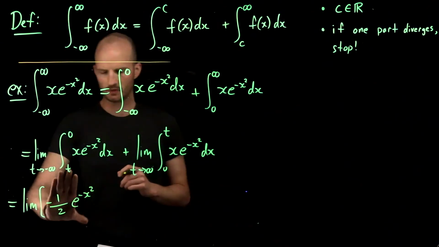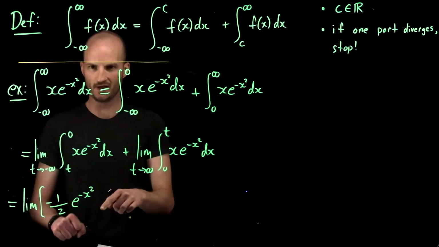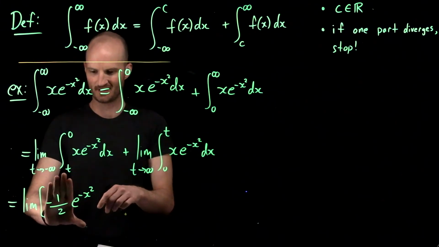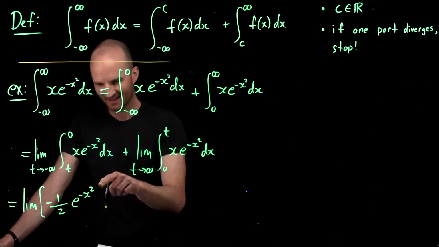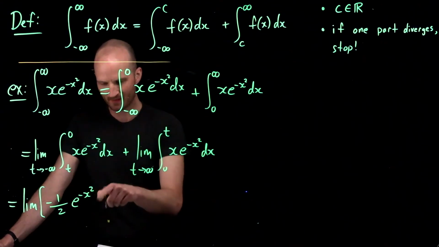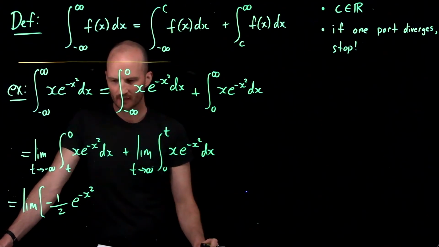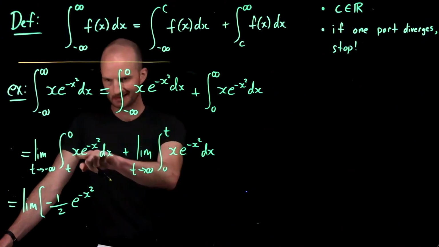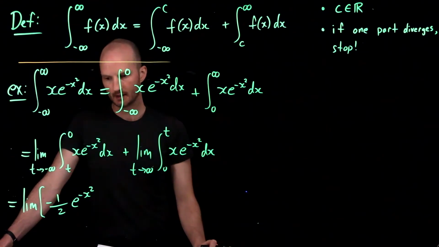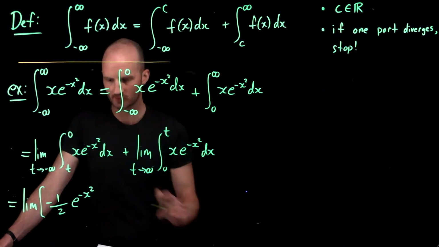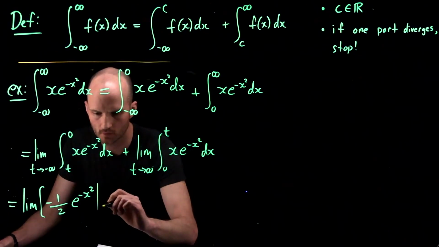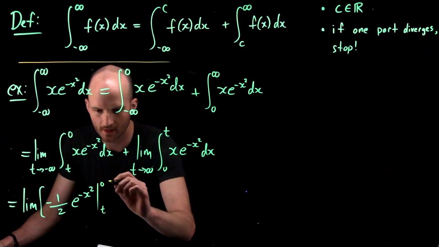Mentally I'm doing the derivative. The derivative of negative x squared is negative 2x. So to turn negative 2x into this, I've got to divide it by minus 2. So that'll work.